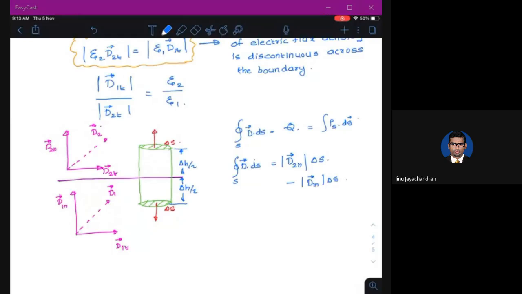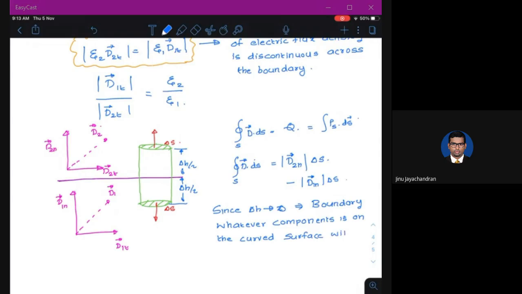Since delta h tends to 0, it is a boundary, and whatever components are on the curved surface will vanish.